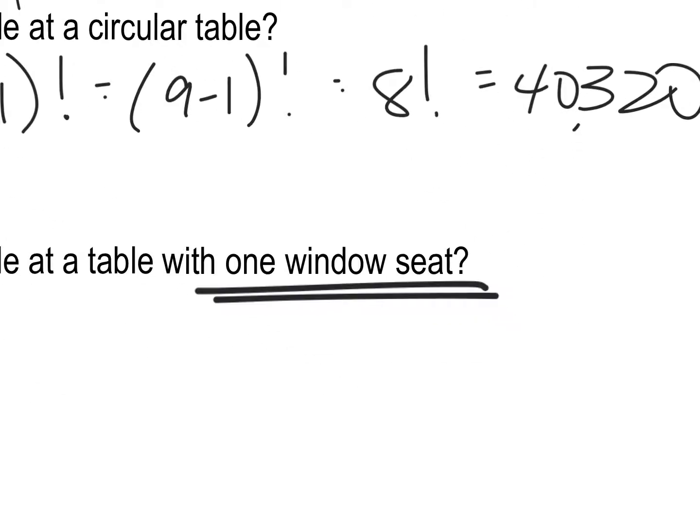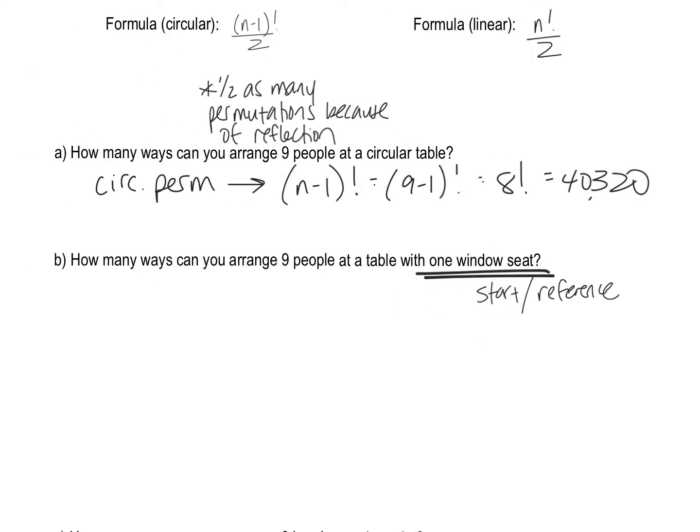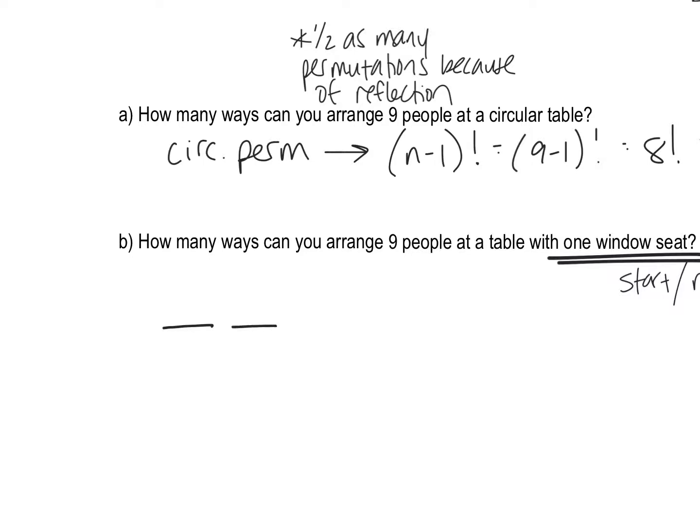That's okay. How many ways can you arrange 9 people at a table with 1 window seat? So this is our starting point or point of reference. That means you have 1 person that goes there, so you have 9 different choices of people to go with the window seat, and then 8 choices, and then 7 choices. It's kind of like doing that slot method.